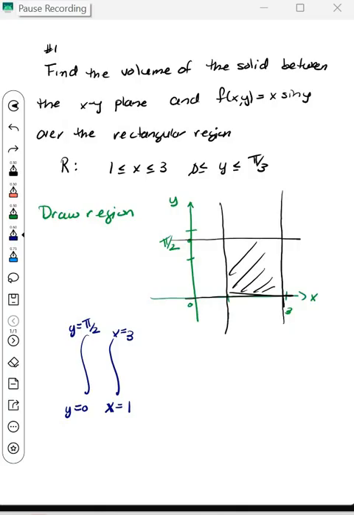And my f of xy was x sine of y. And here goes dx, because the x's here have to match. And next goes dy. Now I'm ready to execute this.